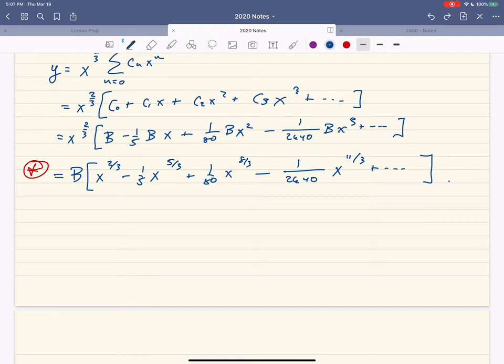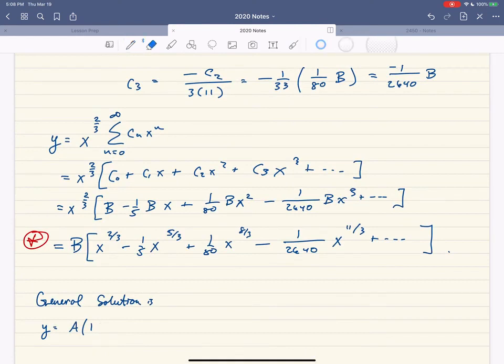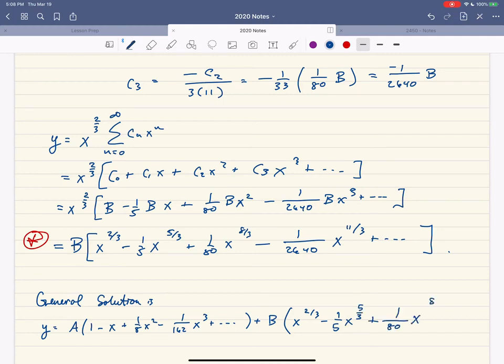So our general solution is going to be y equals a times the function that we had, 1 minus x plus 1/8 x squared minus 1/162 x cubed, and so on, plus b times x to the 2/3 minus 1/5 x to the 5/3 plus 1/80 x to the 8/3, and so on. Okay, so that's the general solution to our differential equation.